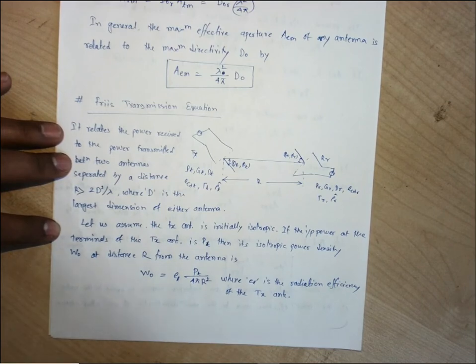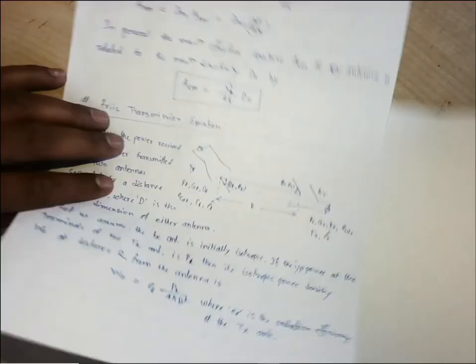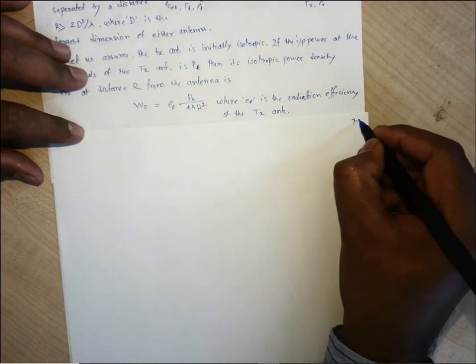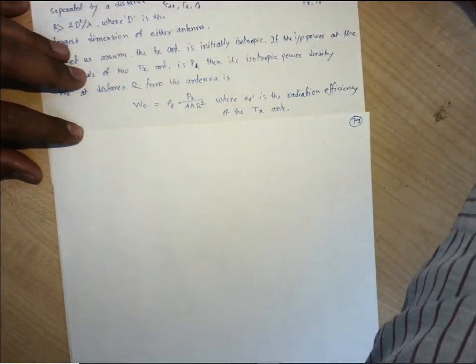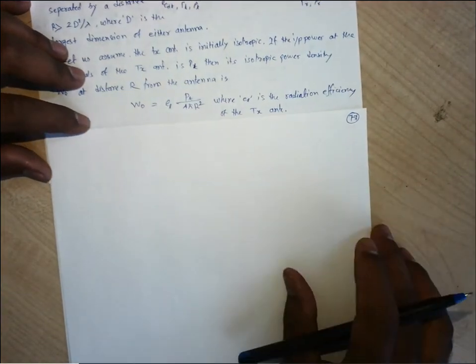Now if we come to a practical situation, if it is a non-isotropic transmitter antenna, then obviously it will have certain gain and directivity.